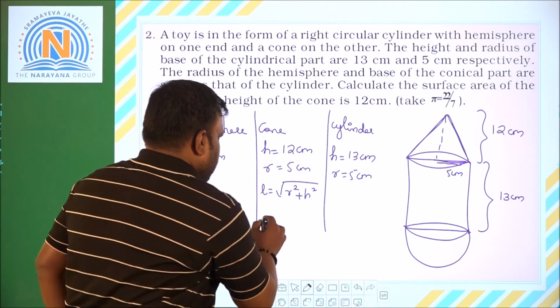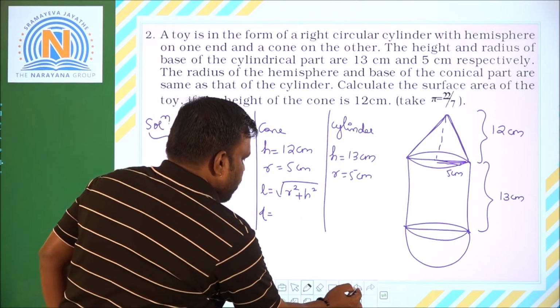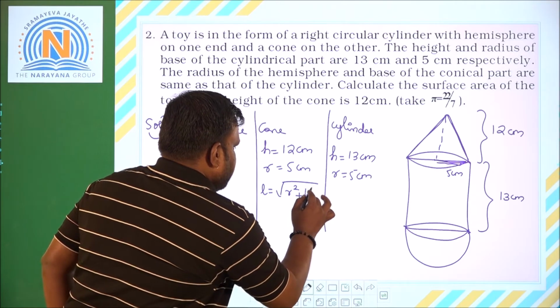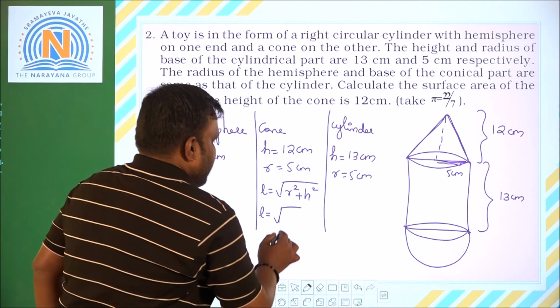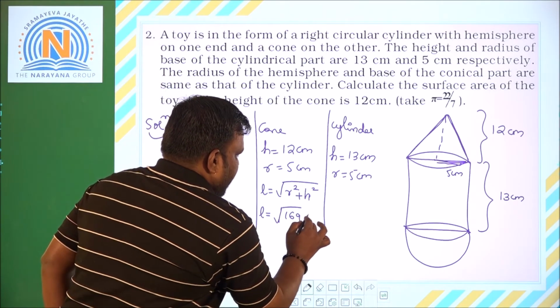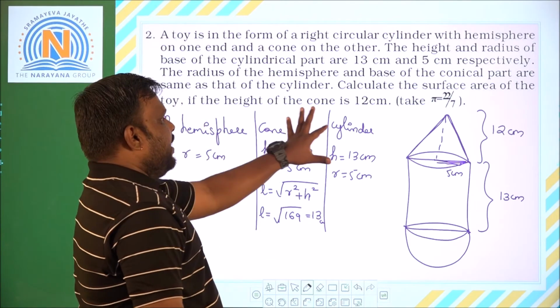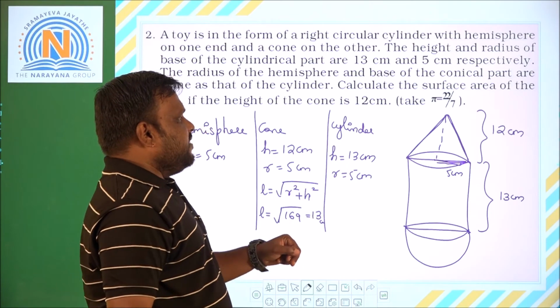So L is equal to under root of 25 plus 144, which gives 169, that is equal to 13 centimeters. So we even got L here. For the cylinder part, h is known, r is known. We have the formula as 2 pi r h.